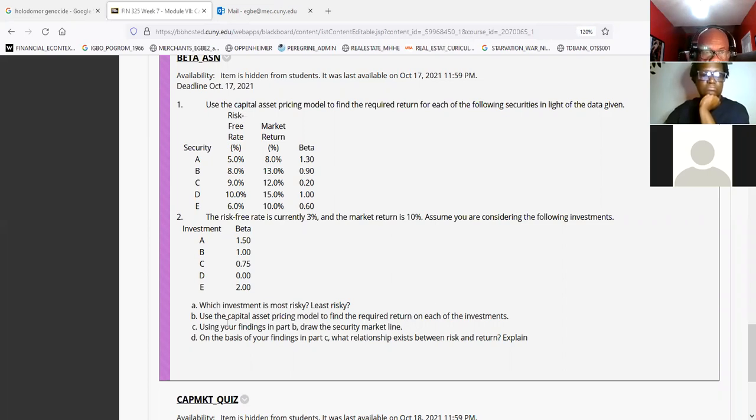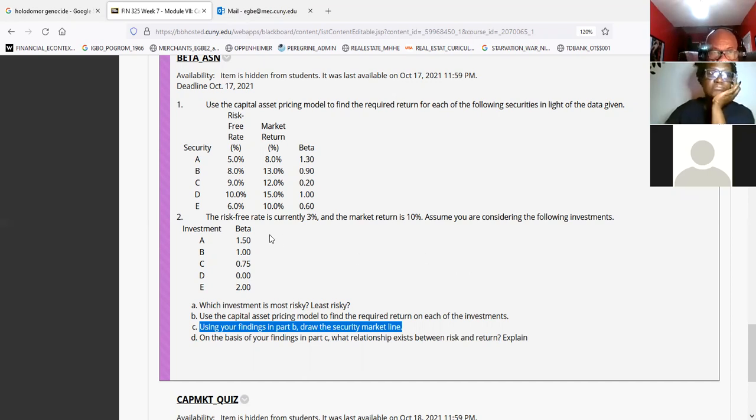Okay, so you're looking at using the findings in Part B, draw the security market line. Yes.